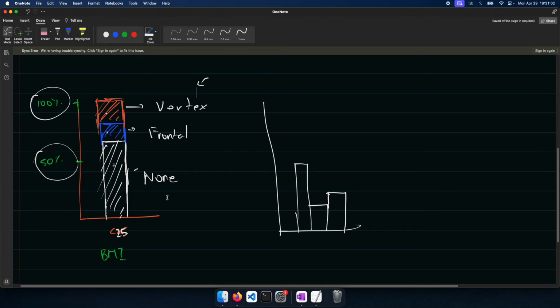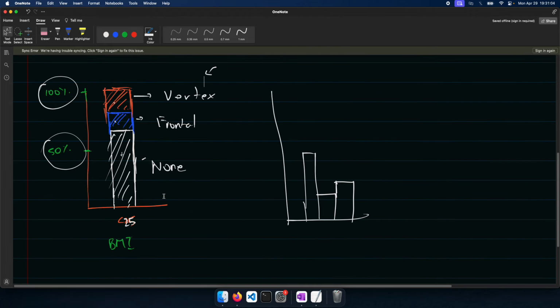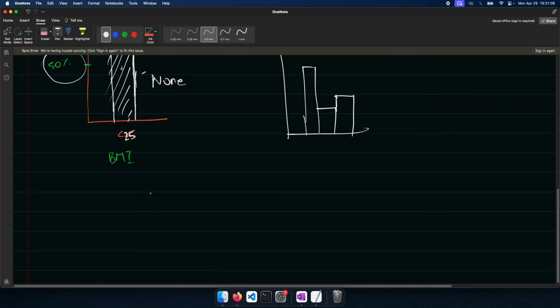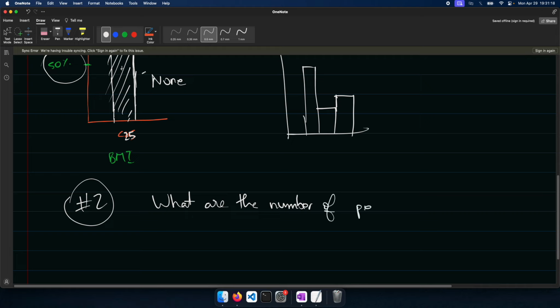The second rule, which again goes back all the way to chapter 1, is this: tip 2. If I asked you the question, what is the number of people under 25 who have no hair loss, how would you answer this question given this graph?